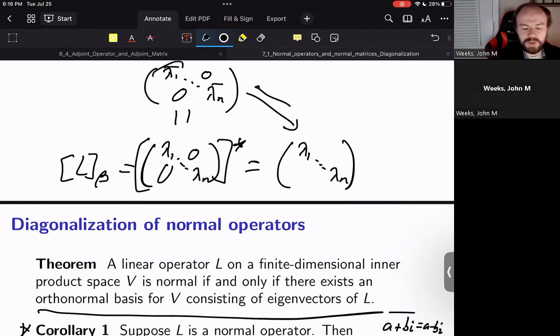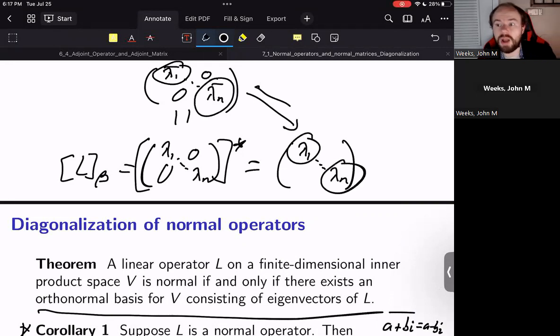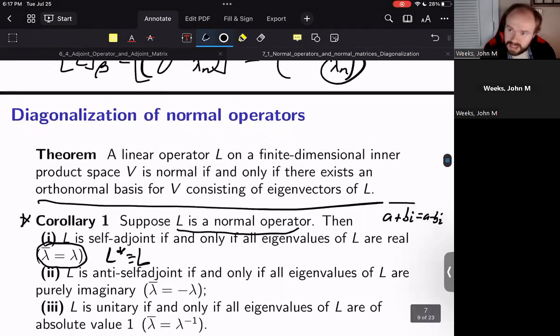Well, that means that lambda 1 bar equals lambda 1 all the way up to lambda n bar equals lambda n. So all of the eigenvalues that are collected along this matrix with respect to this orthonormal basis for this operator are all going to be real entried.